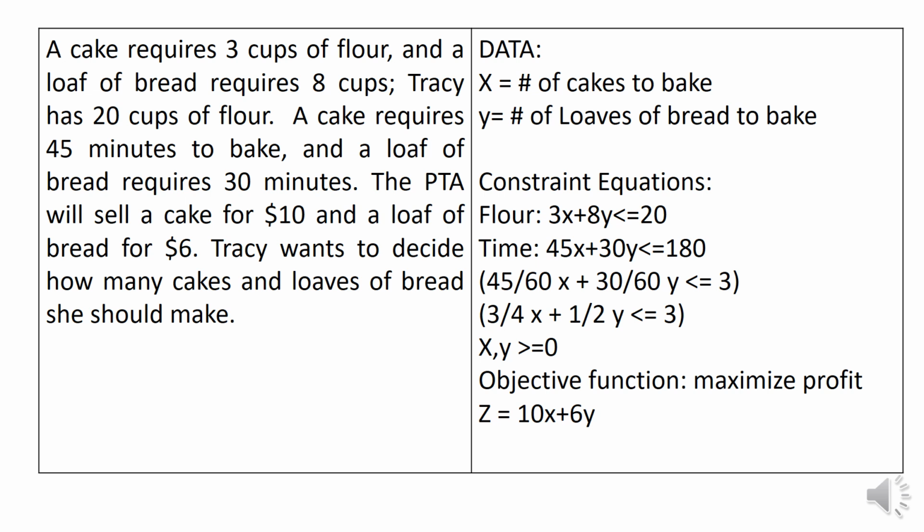And you see the PTA will sell a cake for $10 and a loaf of bread for $6. $10 for cake and $6 for loaf of bread. So this is the maximization of profit, because it is the revenue.